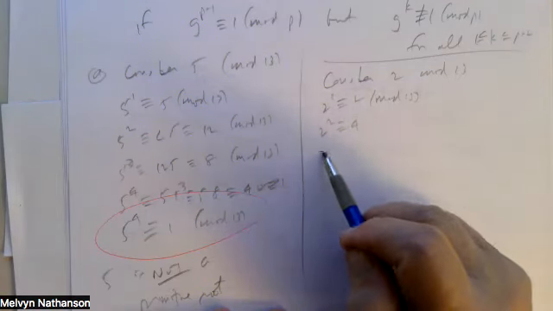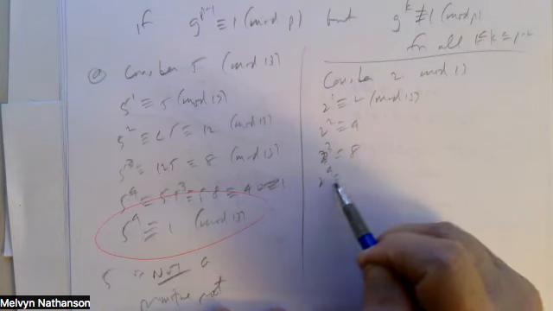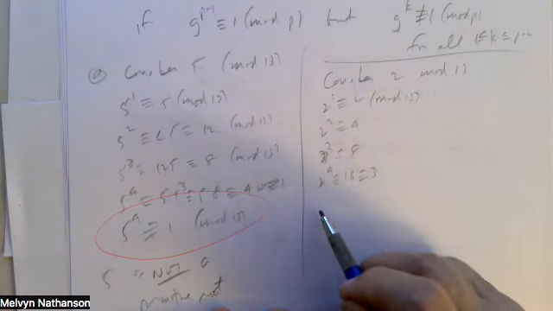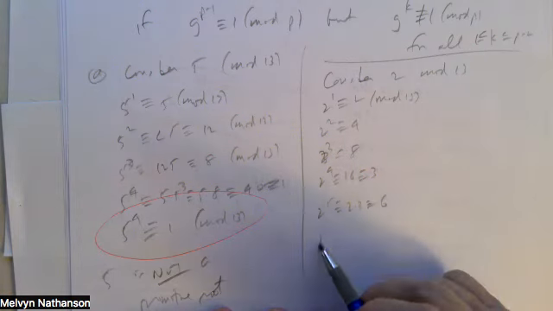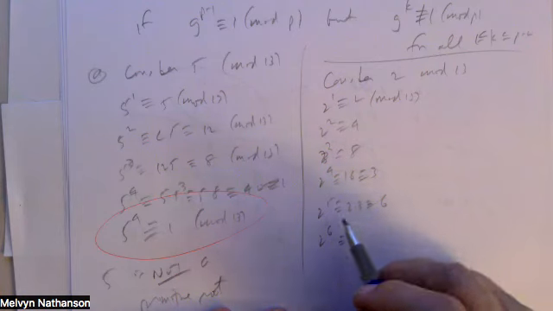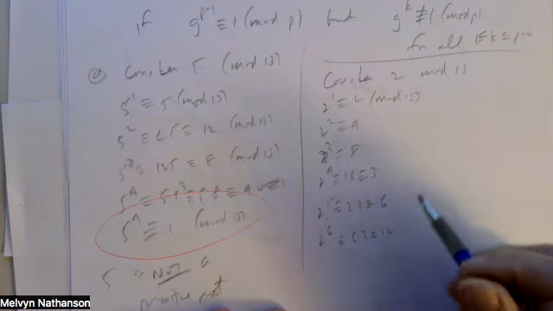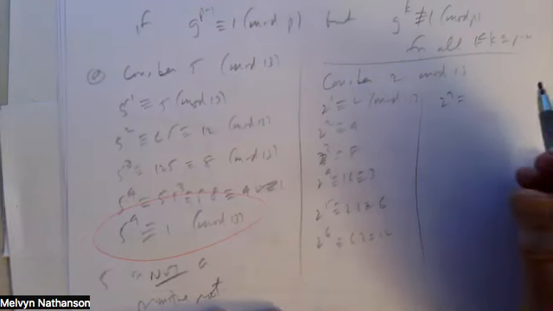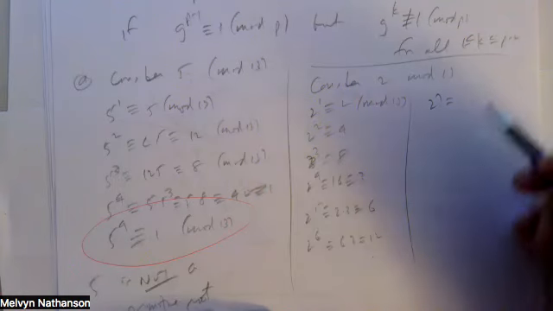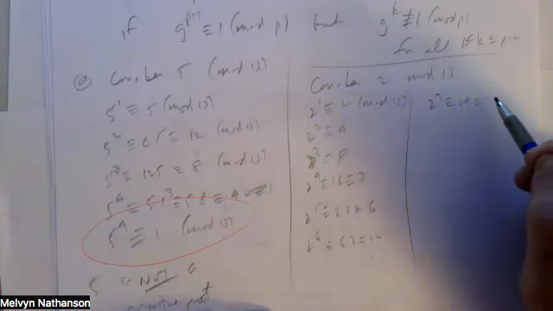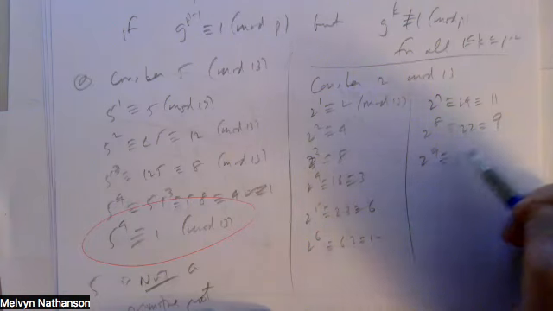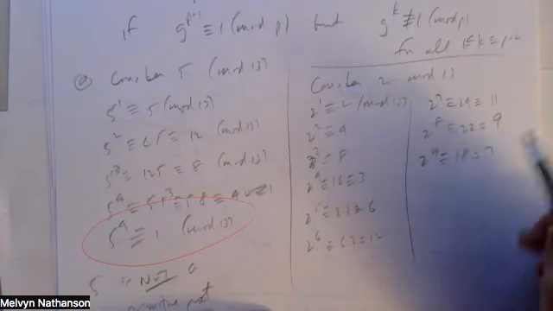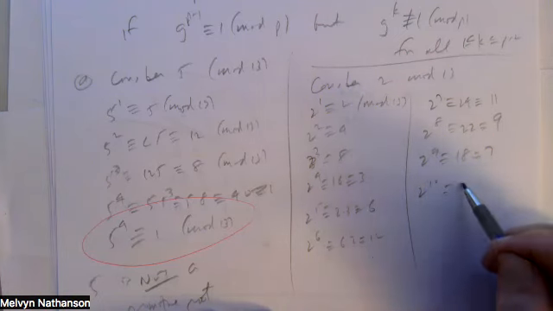Everything is mod 13. 2 cubed is 8. 2 to the fourth power is 16, which is 3 mod 13. 2 to the fifth power is 2 times 3, which is 6. 2 to the sixth power is 6 times 2, which is 12. 2 to the seventh power is 2 times 12, is 24, which mod 13 is 11. 2 to the eighth power, 2 times 11 is 22, which mod 13 is 9. 2 to the ninth power, 2 times 9 is 18, which is 7.